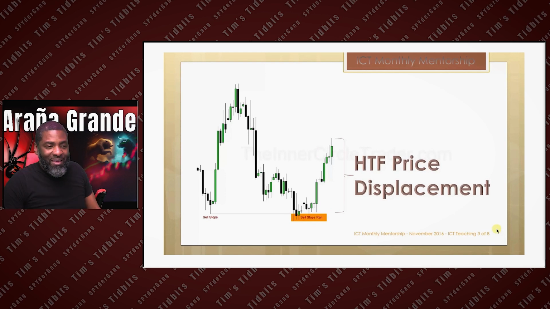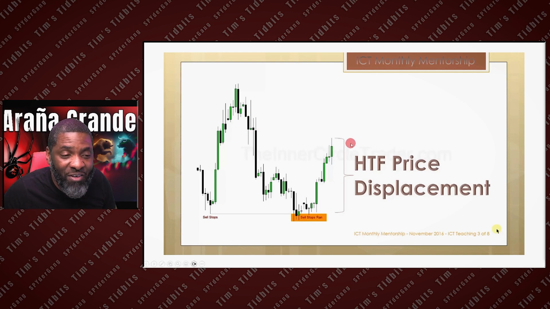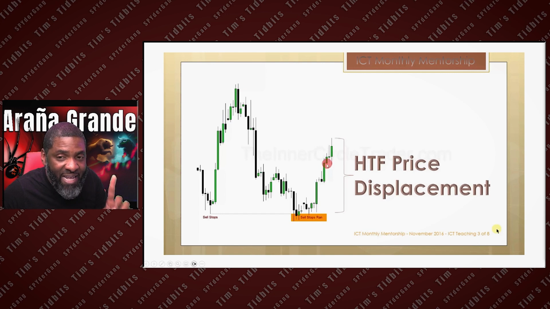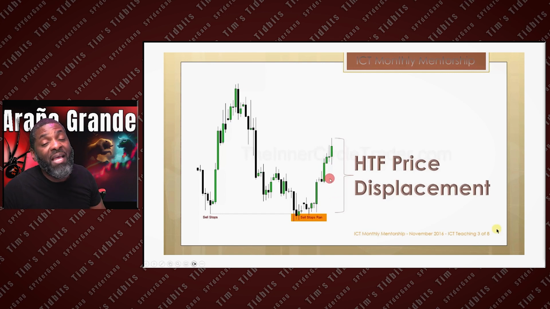Okay. Now, once you get the pow, there's your higher time frame displacement, and you now know that institutional sponsorship is involved. How do you know that? One, the displacement is present because we have a heavy one-sided move that leaves imbalances.